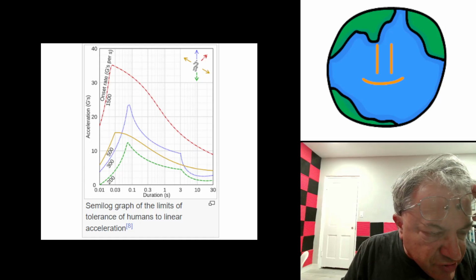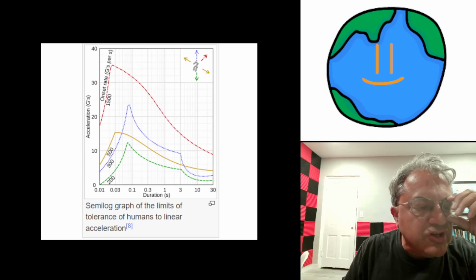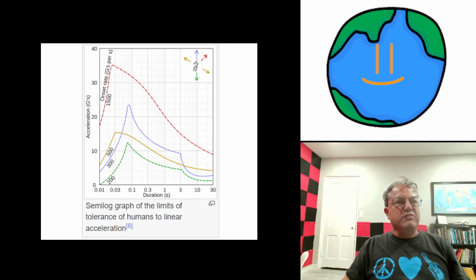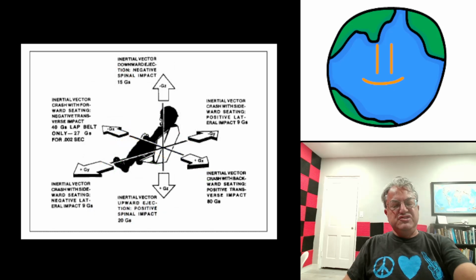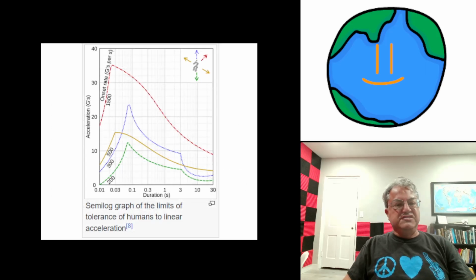And I think the red graph is the forward and backward. I mean the up and down. That's what astronauts have to worry about. So astronauts really only have to worry about up and down G's because they're sitting in their seats and the rocket engine is below them. So they're going to feel their weight multiply as the rocket accelerates upward.